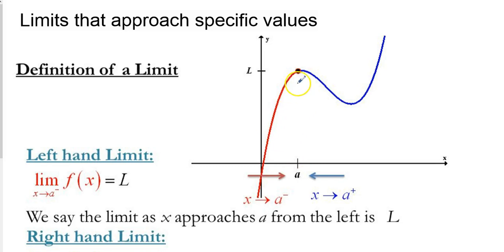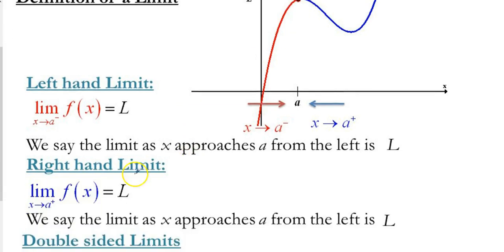Well, this red portion of the graph is what's happening as x approaches this particular value a from the left, and the blue is as x approaches a from the right. And they're both approaching that same y value, which we're going to call L. So that's the limit. They get closer and closer to that y value.